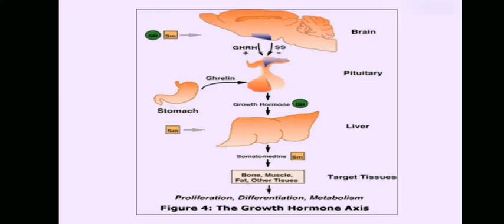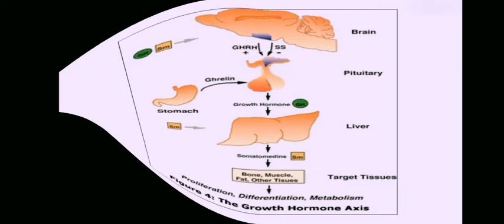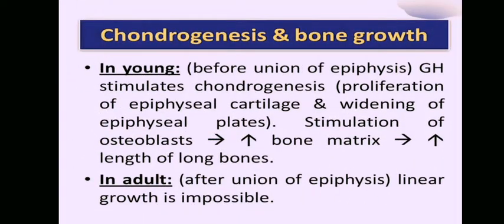After that, growth hormone has effects for growth like proliferation, differentiation and increased metabolism. So chondrogenesis and bone growth in young: it stimulates chondrogenesis and stimulation of osteoblasts, increasing bone matrix and length of bones. In adults, linear growth is impossible.